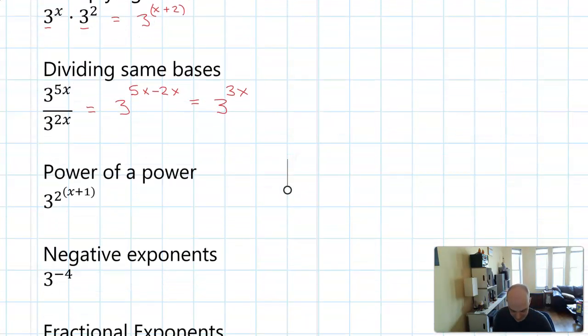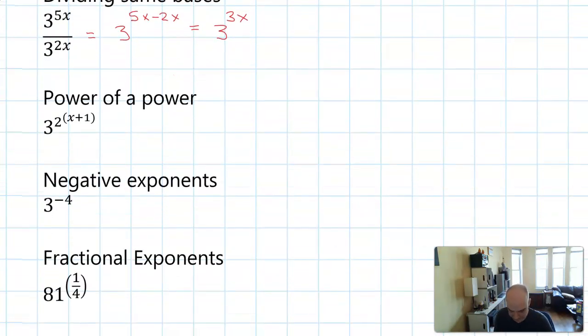If you have a power of a power, so 3 squared to the x plus 1, which maybe you'd see as 9 to the x plus 1, you multiply the exponents. So that's the same as 3 to the 2 times x plus 1, and you could distribute that out, 3 to the 2x plus 2.